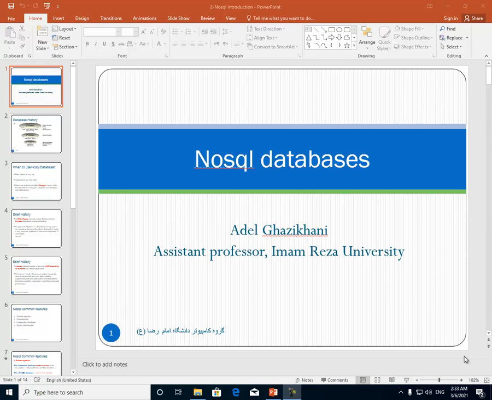In the previous sessions, we talked about the SQL database. How do we design the SQL database? We talked about some concepts like the data structure, which was tables, and integrity in the SQL database, and about the operations, the join operation.